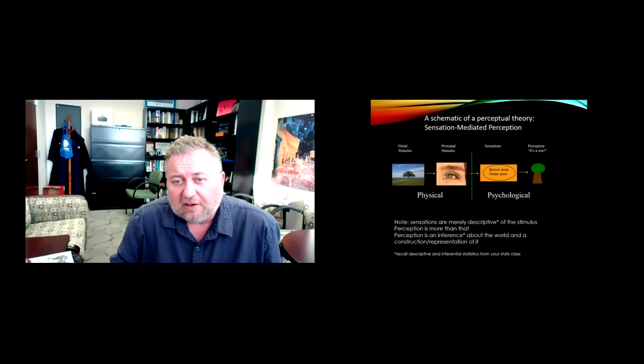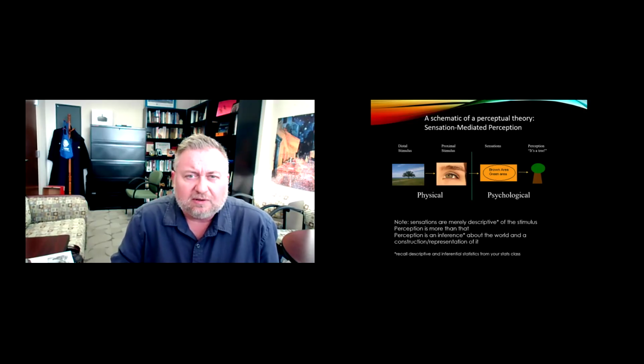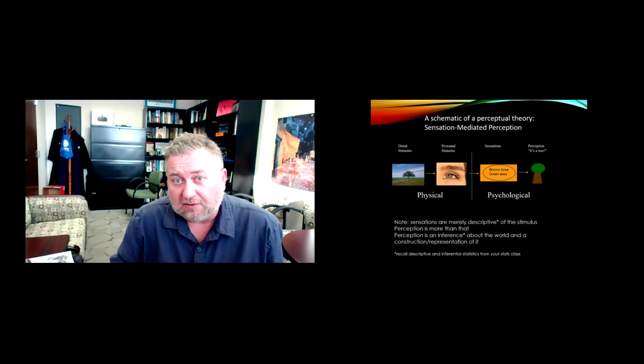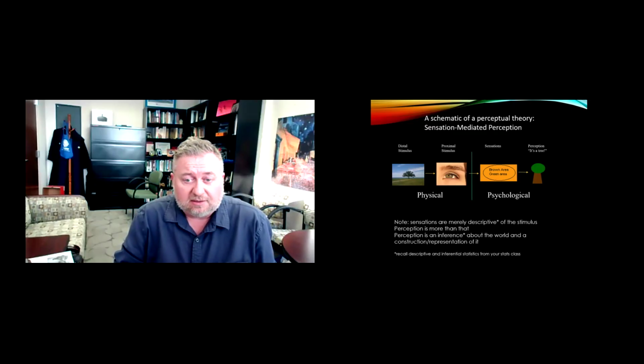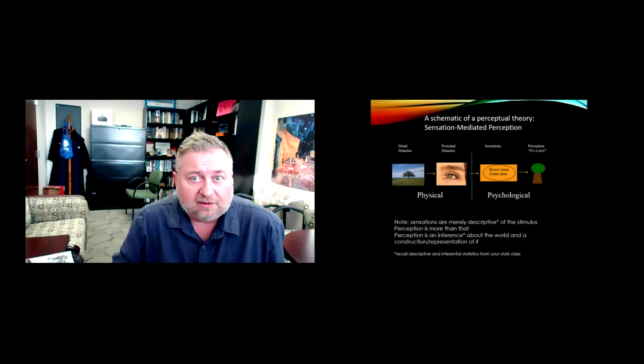Now, I mentioned we become aware of visual sensations, but technically speaking, we're not immediately aware of visual sensations. By that I mean that when you're pointing your eyes at this thing, and someone comes by and asks what are you looking at right now, you're going to say there's a tree over there.